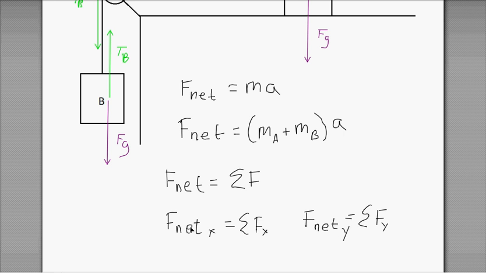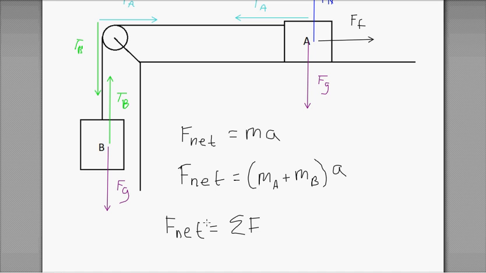And then you would add F net X and F net Y together head to tail. But because this is pretty straightforward, we don't really have to consider this. We can just simply cancel things out.